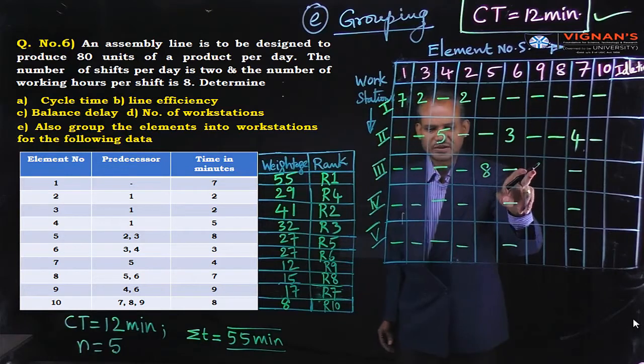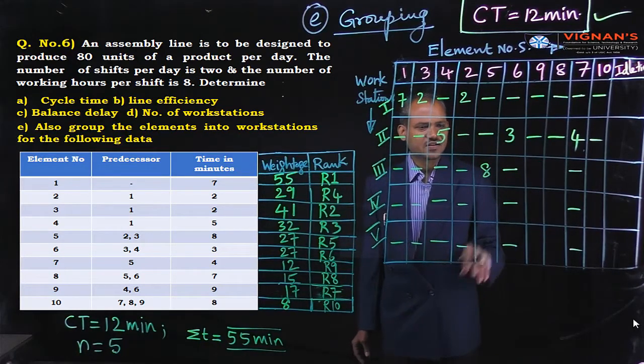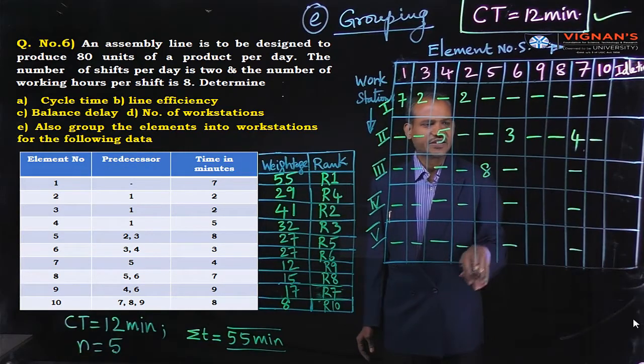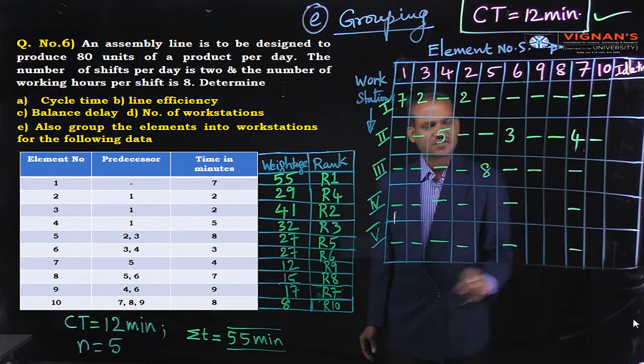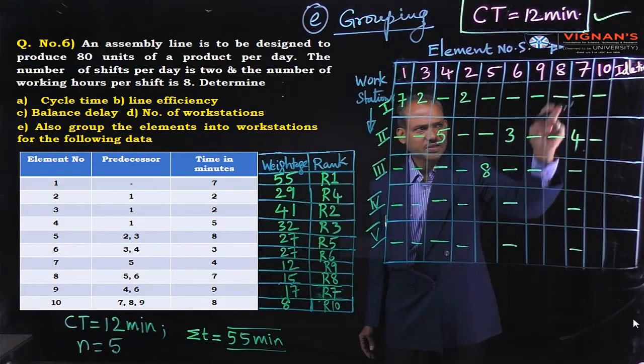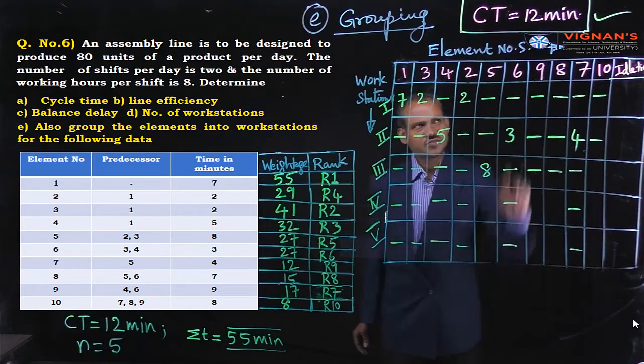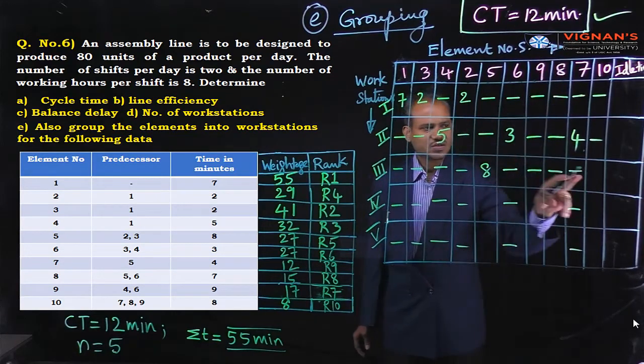For element number 9, say 9. 8 plus 9, 17. Don't assign. Next, come to the element number 8. What is the timing? 7. 8 plus 7, 15. Don't assign. It's more than CT. Next, last one.